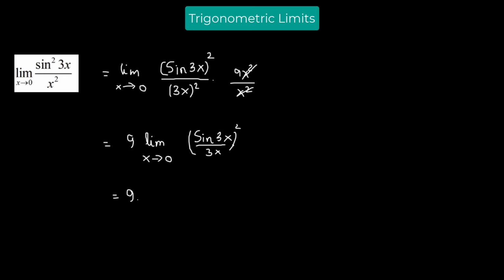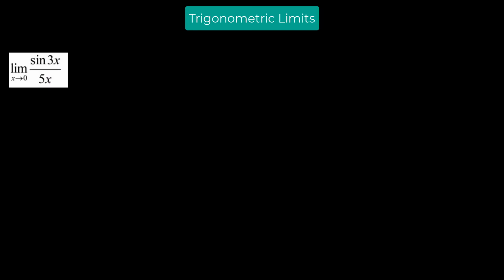So we have 9. So the limit of the given function when x tends to 0 is equal to 9. Now we need to determine the limiting value of the function sine 3x over 5x when x tends to 0. So let's rewrite the given function. We have limit x going to 0 sine 3x, so we're going to divide sine 3x by 3x, and multiply it by 3x as well.